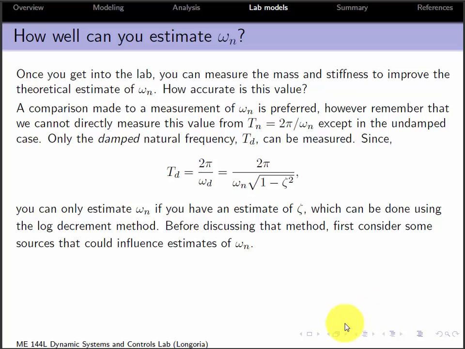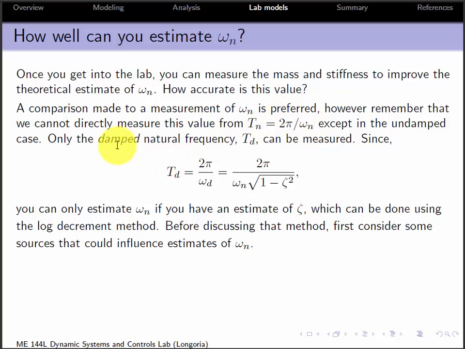But another comparison that you can make is by actually measuring the response. Give it an initial condition and let it oscillate. But keep in mind that you can't directly measure the natural period, which would give you the undamped natural frequency, right?